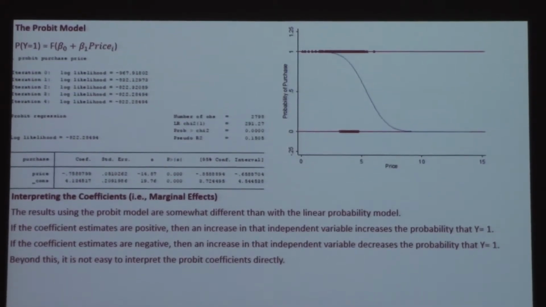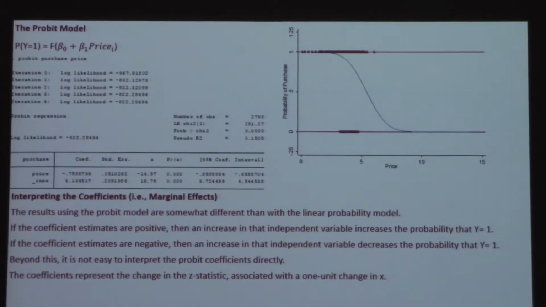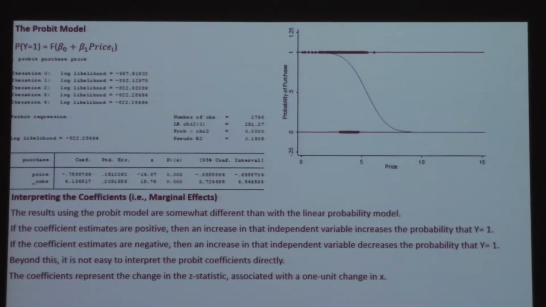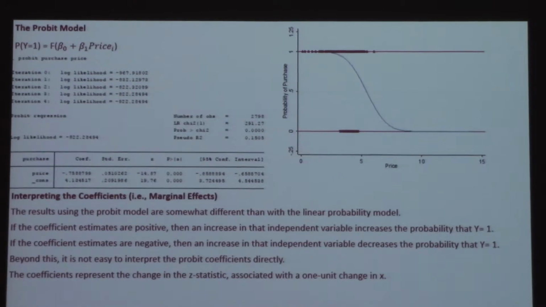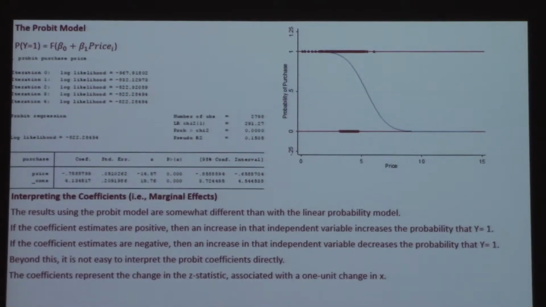Beyond that, the coefficients are not interpreted very friendly-wise. In essence, the coefficient represents the change in the z-statistic associated with a 1 unit change in x. So, as price increases by $1, the z-statistic associated with the probability of purchasing decreases by 0.75. I don't know.